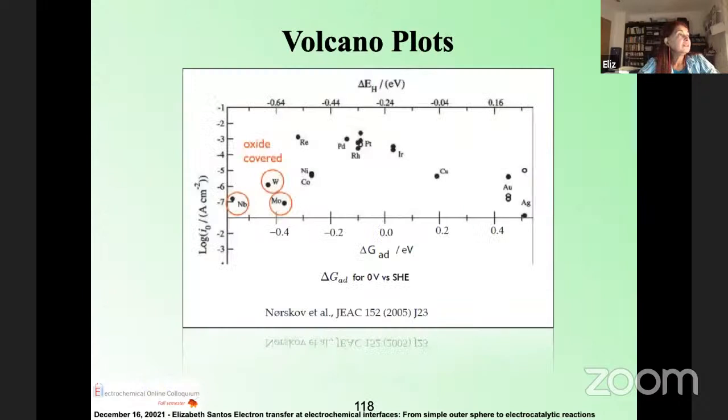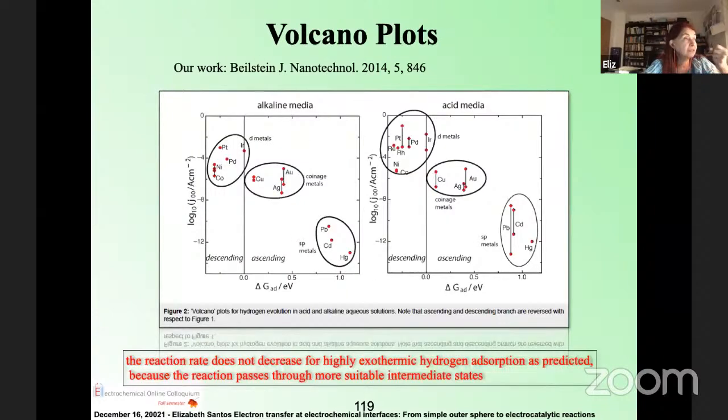These are later values from Norskov, the theoretical values calculated and plotted again. But here we again have covering oxide, and we cannot see a nice volcano plot if we disregard this part.